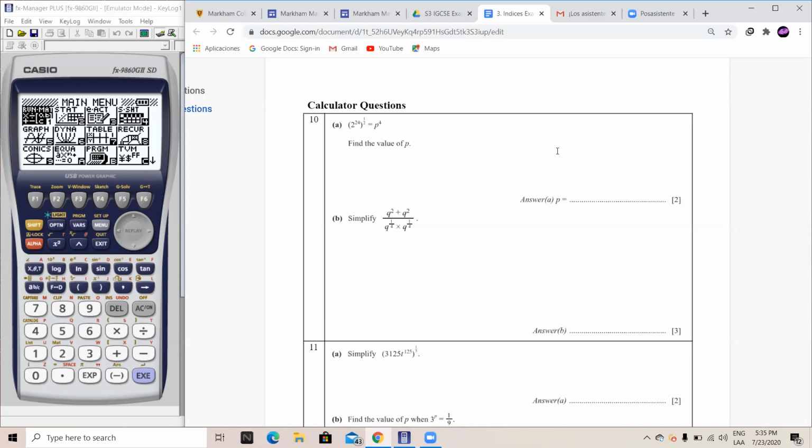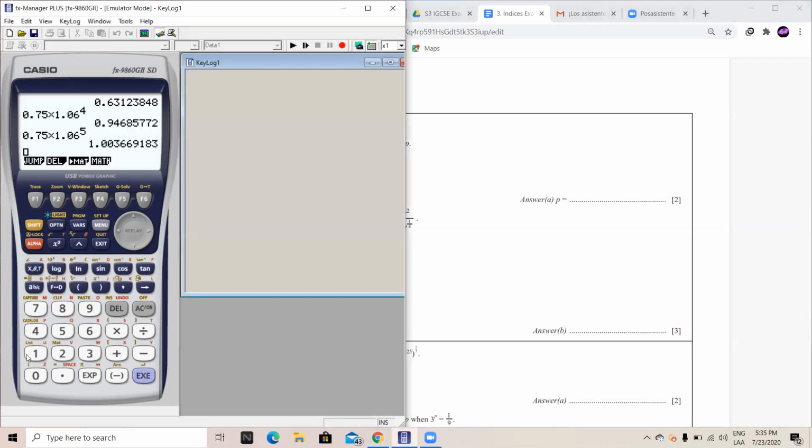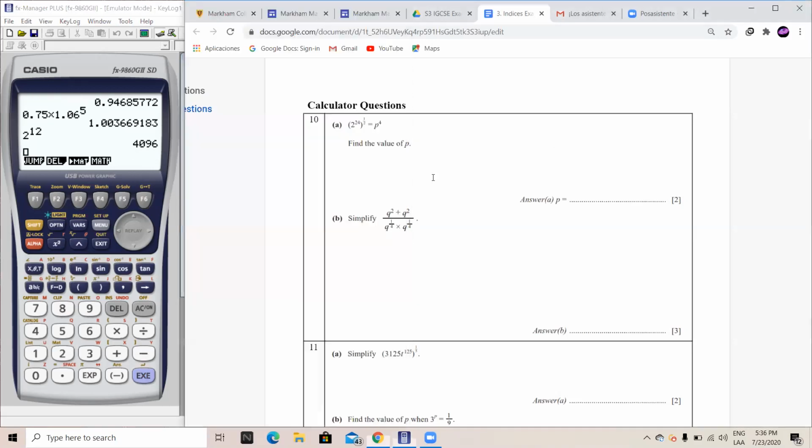P is 8. If you want to, Mateo, if you want to do it another way, you can say 2 to the power of 12 equals 4096, which you just plug into your calculator. And this would equal p to the power of 4.